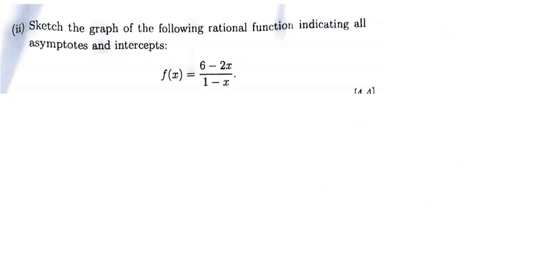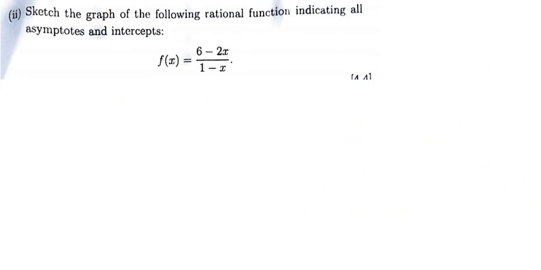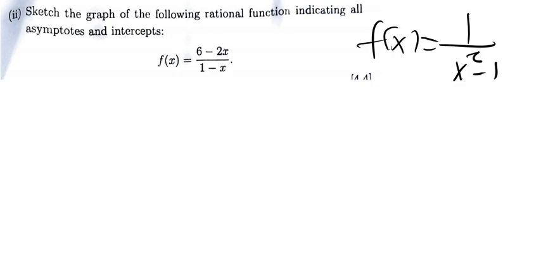The next question is, we have been doing this, guys. The question which came in 1120 was f of x is equal to 1 over x squared minus 1, like that. I don't know if it was 1 or 4 or 9, but it was like that.